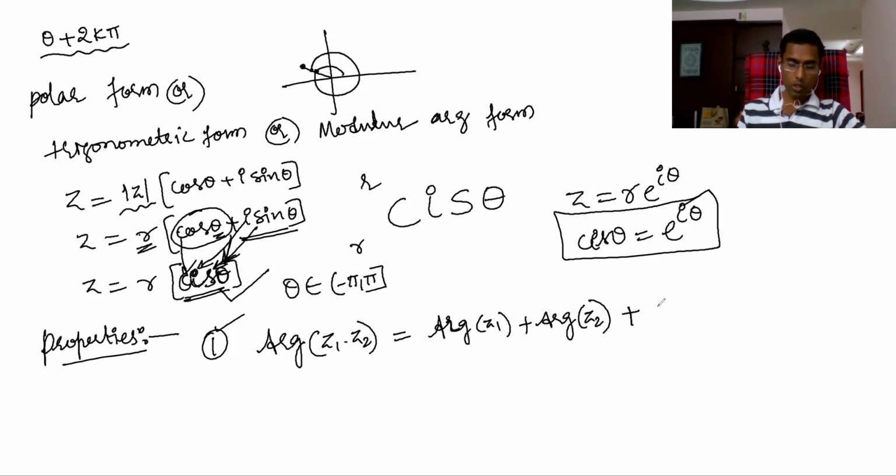But sometimes we add 2k pi. What is this 2k pi? This argument and this argument are both equal, but just to make the result a principal argument, because this sum may sometimes come more than the principal argument range, we are adding 2k pi. I'll show you an example.